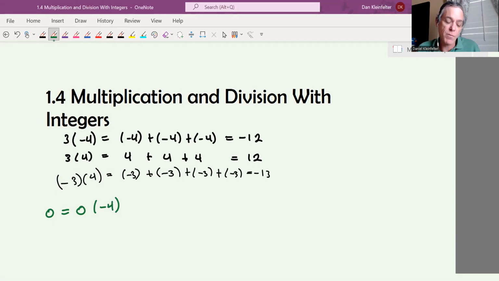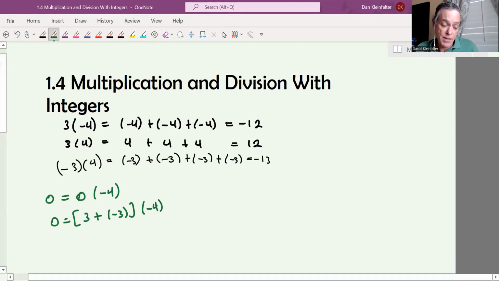So for example, if you multiply 0 by -4, you should get 0, right? Multiplying 0 by anything should give you 0. So we're going to rewrite that 0 as 3 plus -3. We know that adding a number and its opposite also gives you 0, right? Well, adding 3 plus -3 gives you 0.